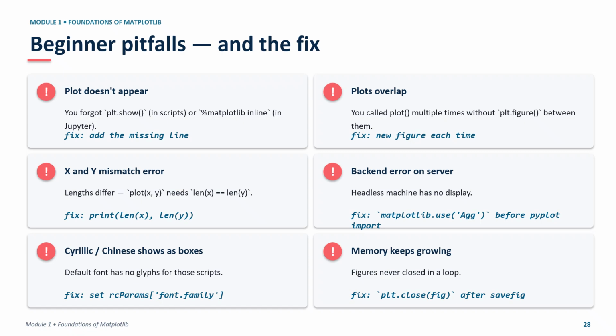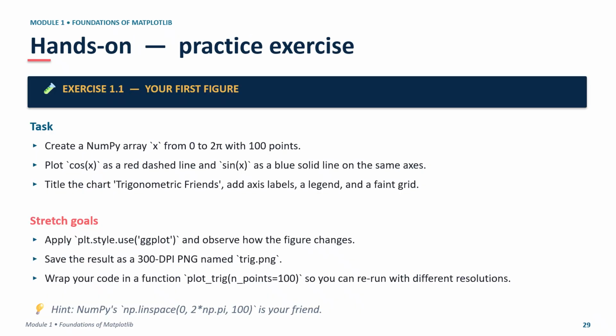And if the memory keeps on growing, the figures which have never been used should be closed. So you can use, as mentioned earlier, plt.close(fig) after saving your figure. So these are some of the different errors that you can face as a beginner, and you can fix them very easily.